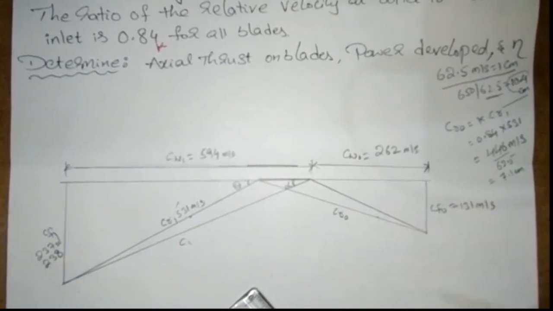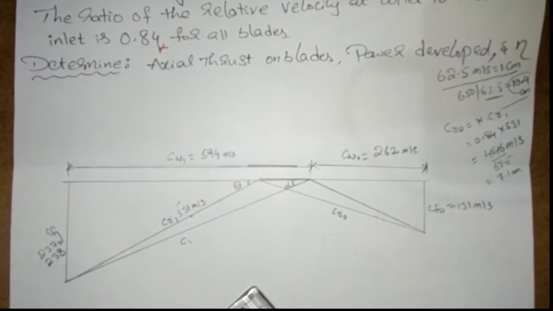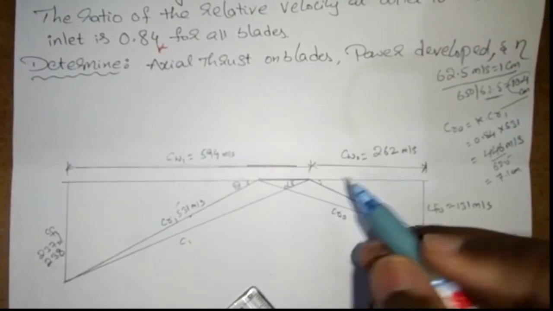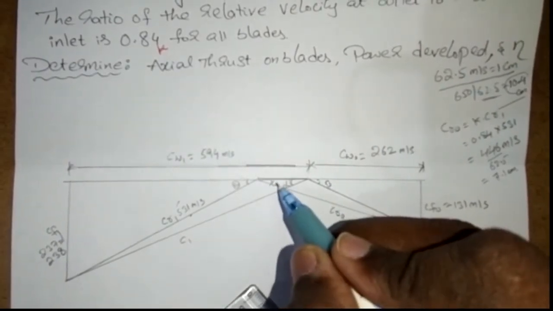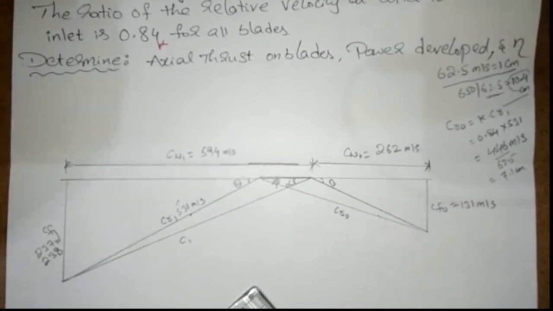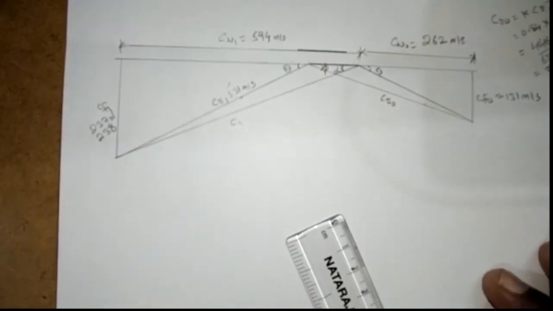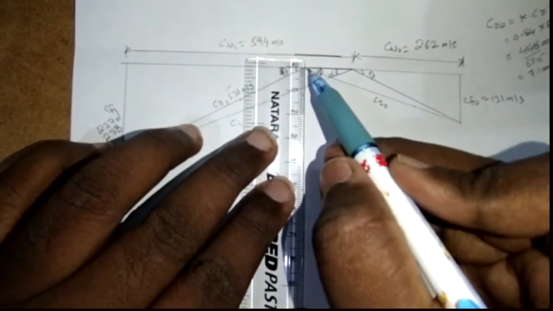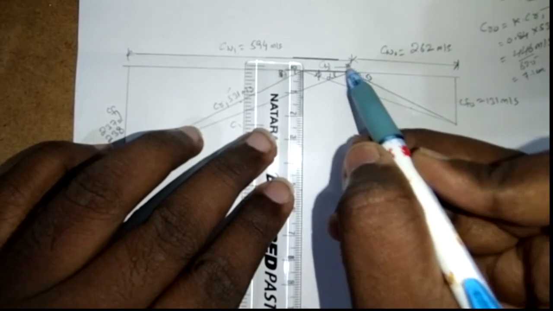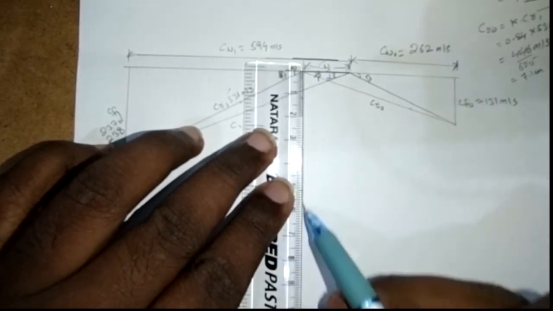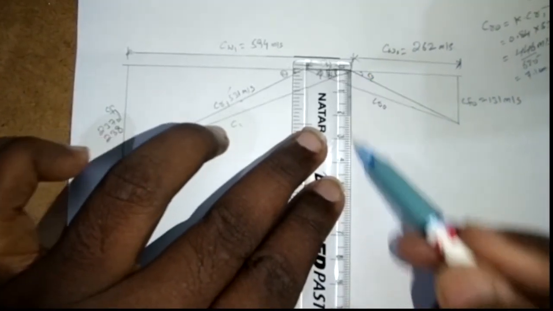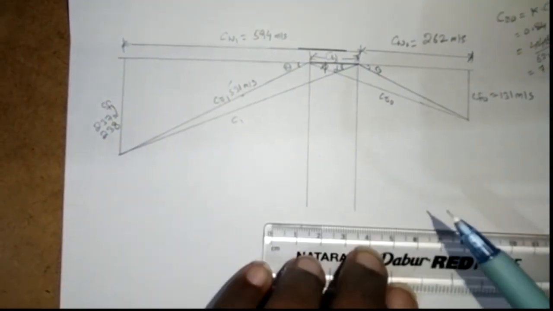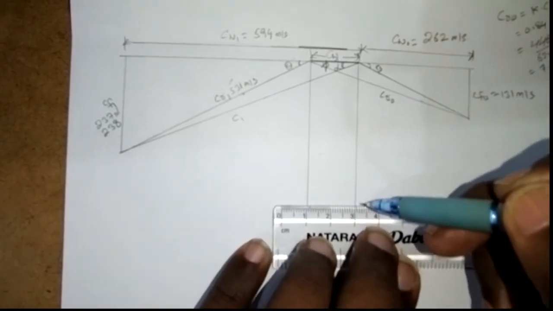So up to now, this is the first row of moving blade combined velocity diagram. Here this is beta and this is phi. So next we have to draw the second set of moving blade. For construction of the second set of moving blade, the CBL we have to project downwards. In any number of sets or rows, the blade velocity will be constant.